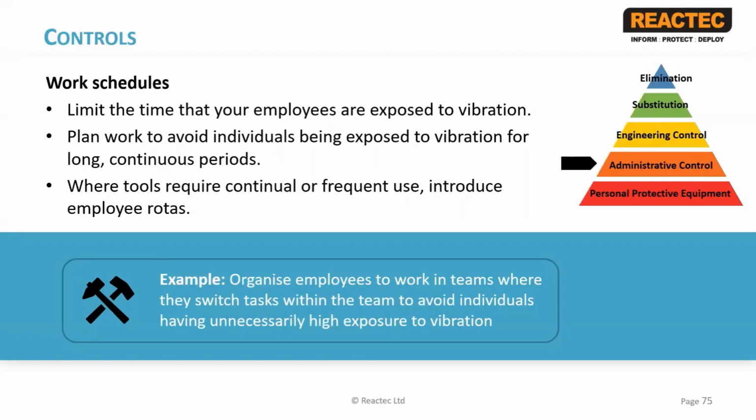Rotas generally should be introduced whenever you see tools that are being used frequently or continually. Work rotas between employees can at least share the risk between the group. An example of that is basically organising your employees to work in teams so that they switch tasks within the team and balance that risk between all the members of the team.